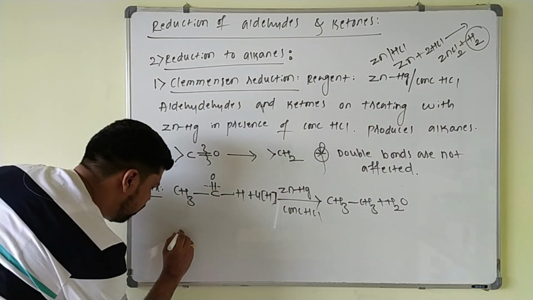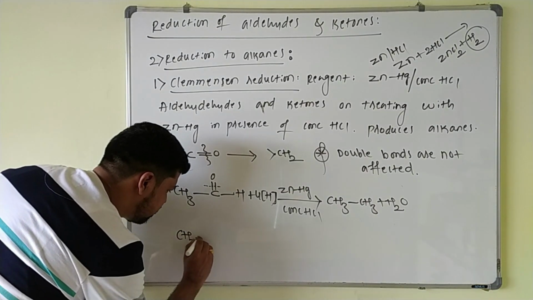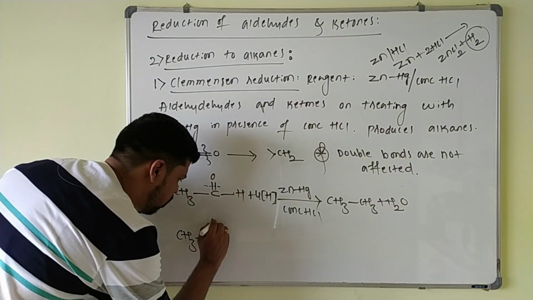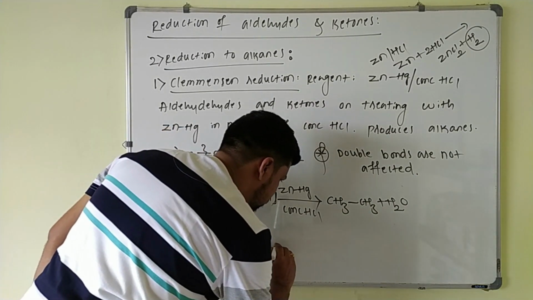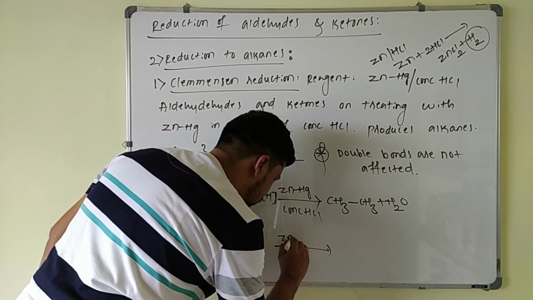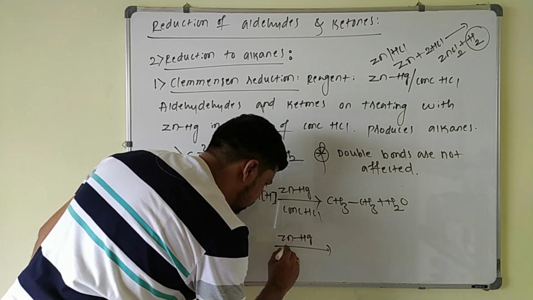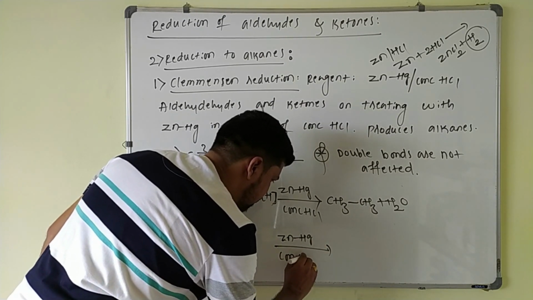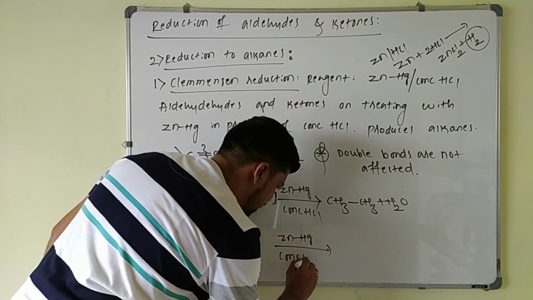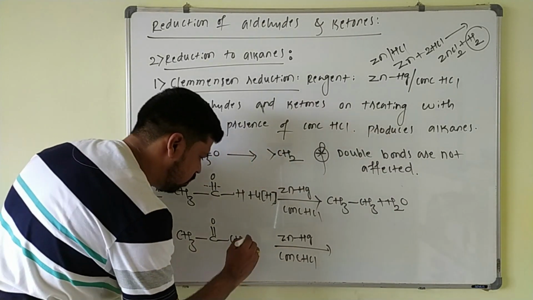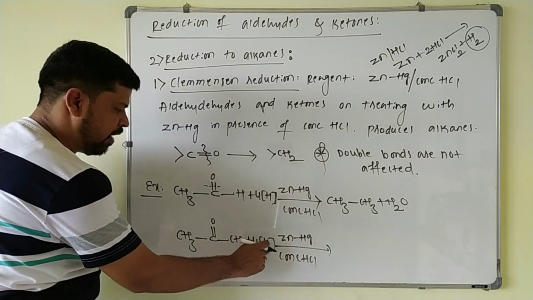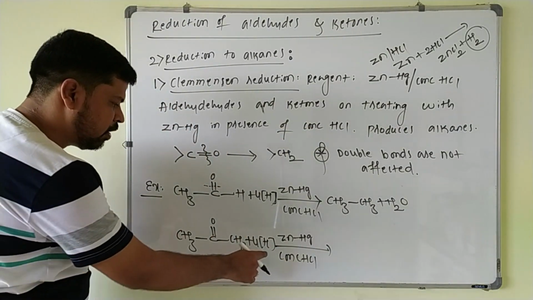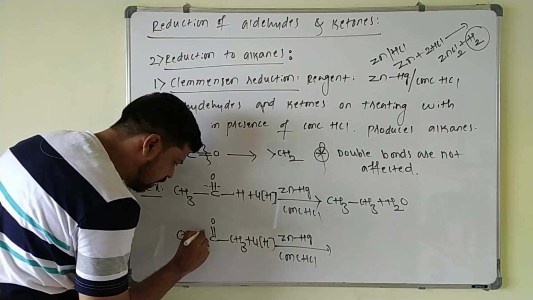Suppose if I take a ketone, CH3, C double bond O, CH3, this on treating with zinc amalgam in presence of concentrated HCl. So what happens here? It adds 4 hydrogens, 2 hydrogens combine with this oxygen, the remaining 2 hydrogens will be connected to this carbon here.